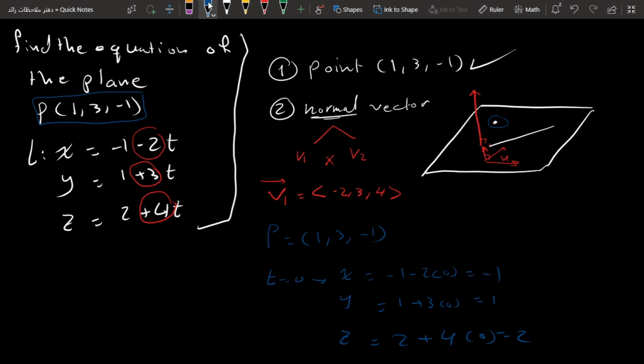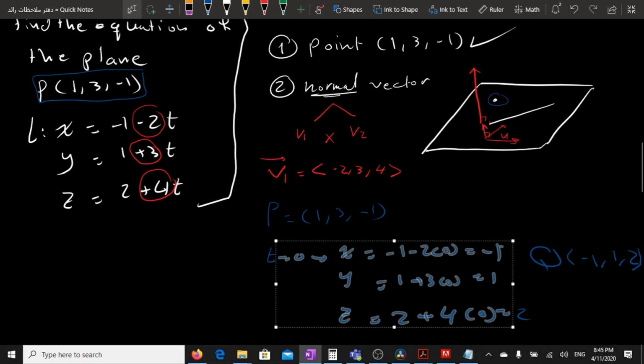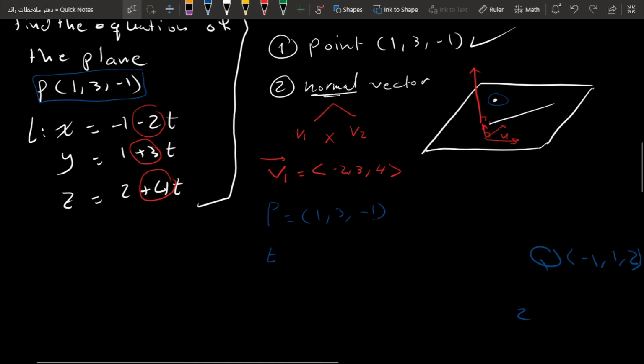So the new point Q is -1, 1, and 2. جميل. معناته يا شباب صار عندي. حلو. The point Q is also inside the plane.